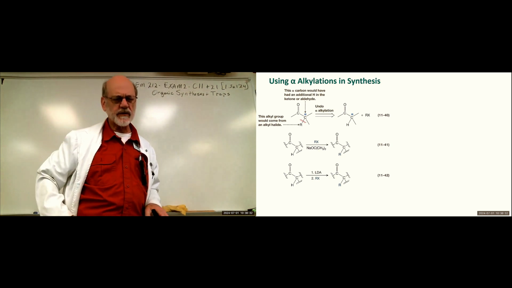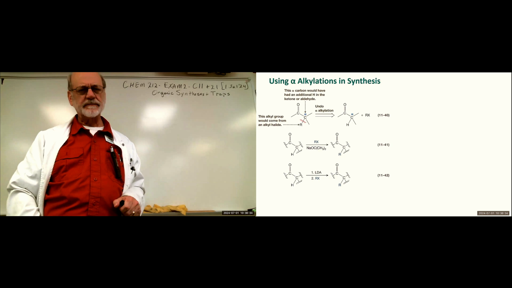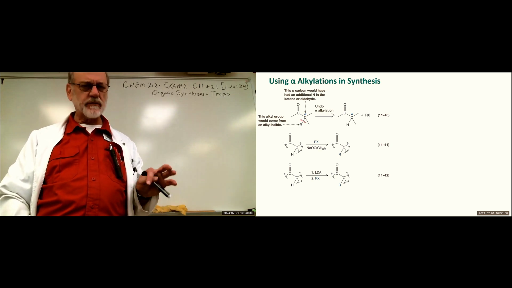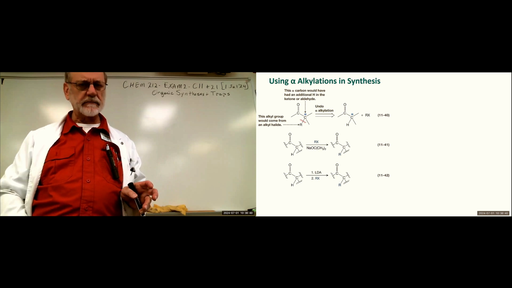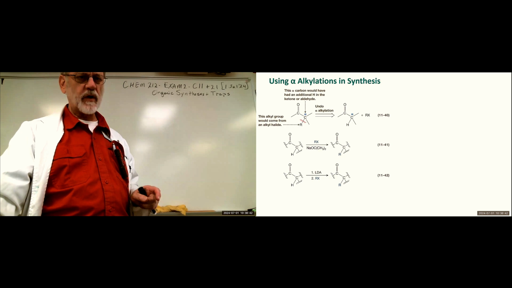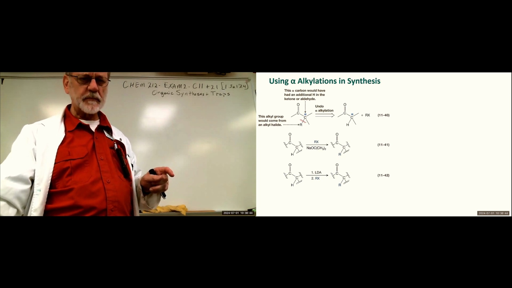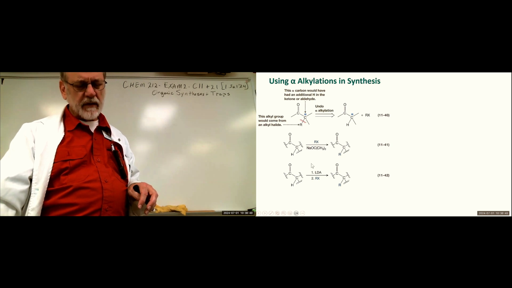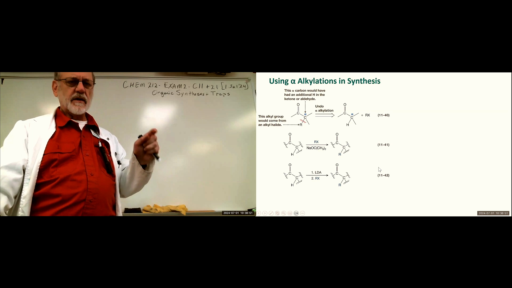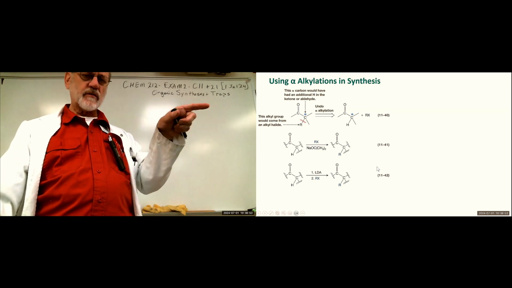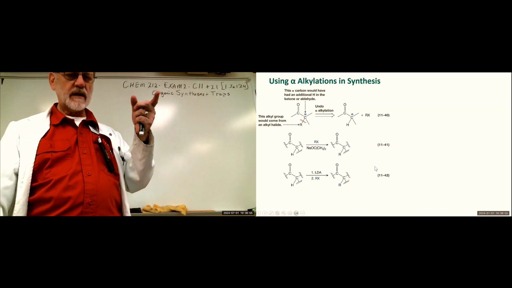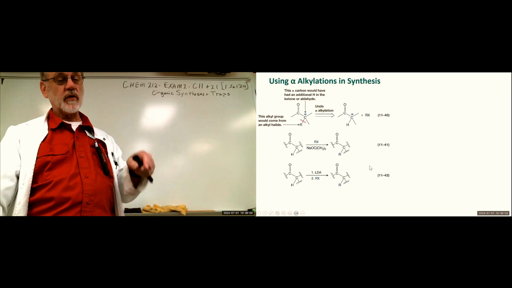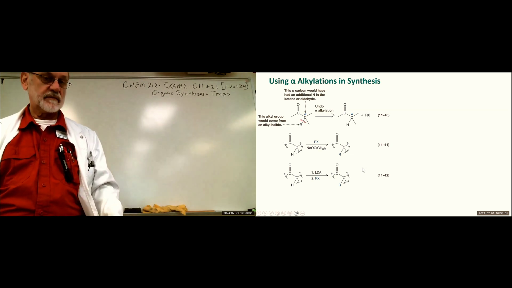So if we're going to use alpha alkylations in a synthesis, this is going to allow us to form carbon-carbon bonds. And if they're unequal alpha carbons, then we can select which one based upon the base.